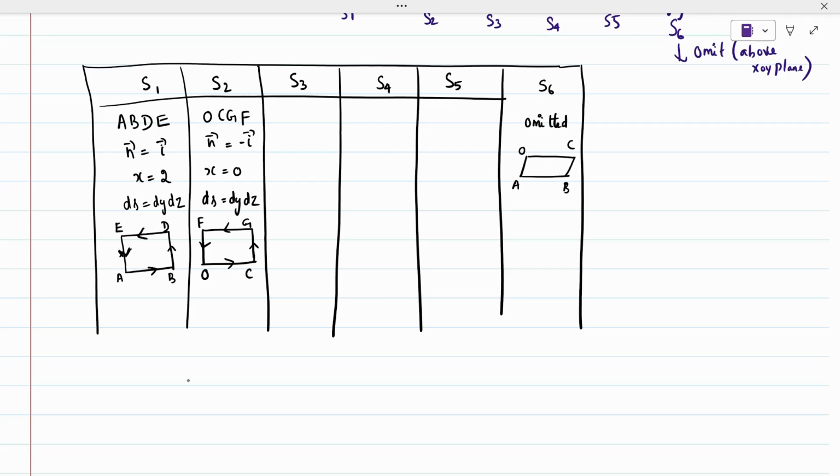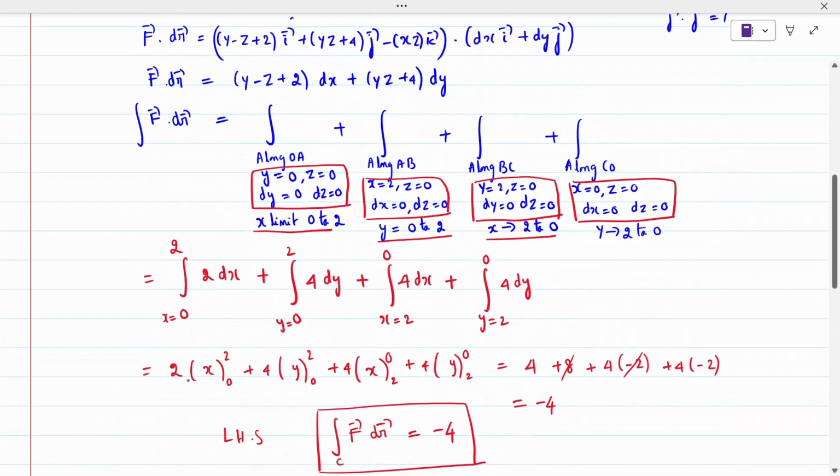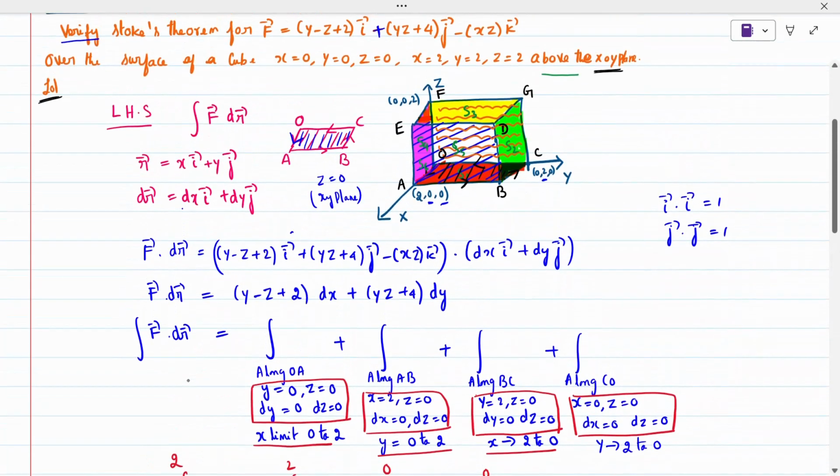My third surface, I will show you in the diagram. This side, according to me, is the right hand side: B, C, G, D, in green color.